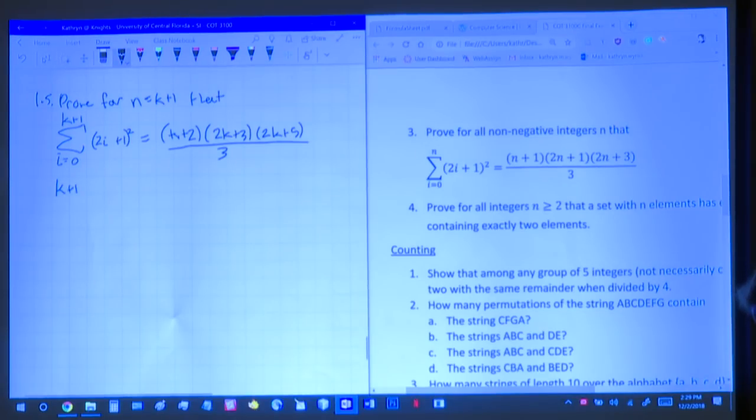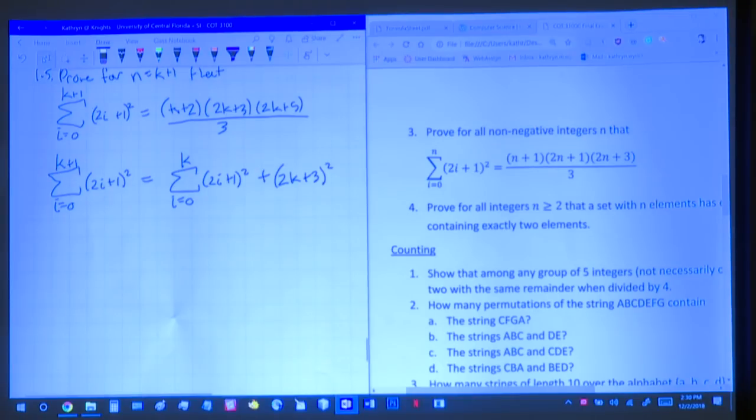So the summation from i equals 0 to k plus 1 of (2i plus 1) squared is equal to the summation from 0 to k of (2i plus 1) squared plus (2k plus 3) squared. And now that we have that, we can replace it using our inductive hypothesis.